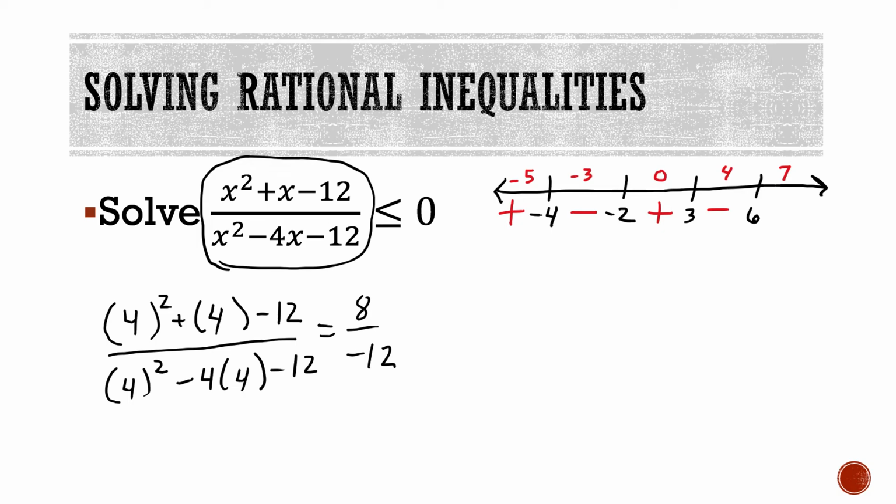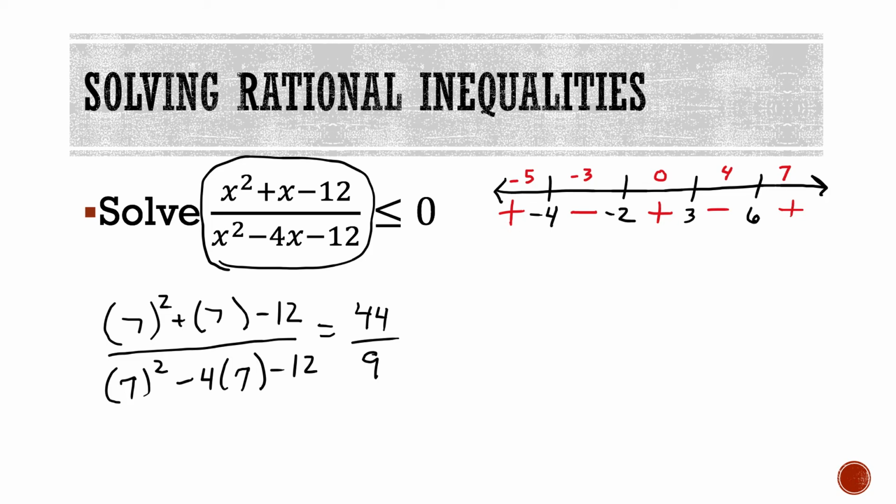And then finally, we're plugging in a 7. Which is going to give me a 44 for the top and a 9 for the bottom, which again is going to be positive.